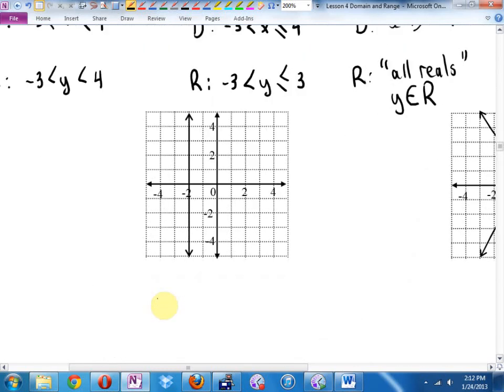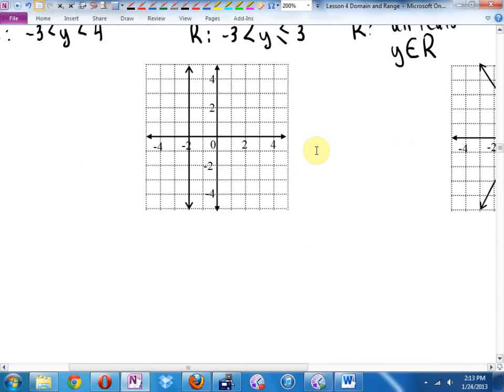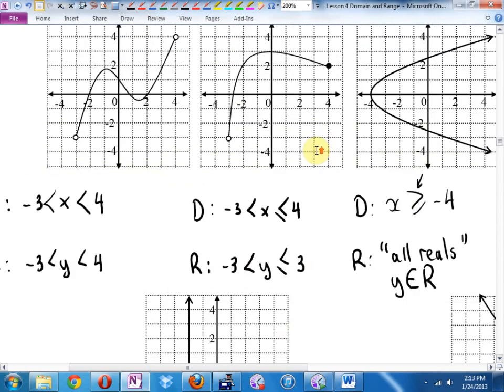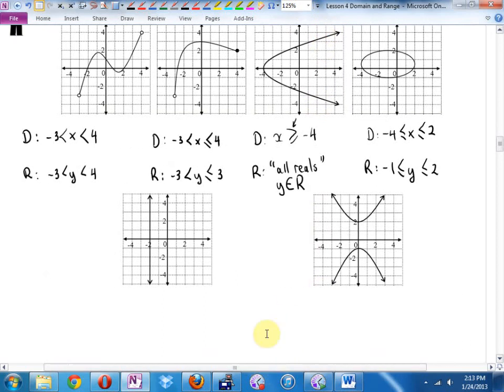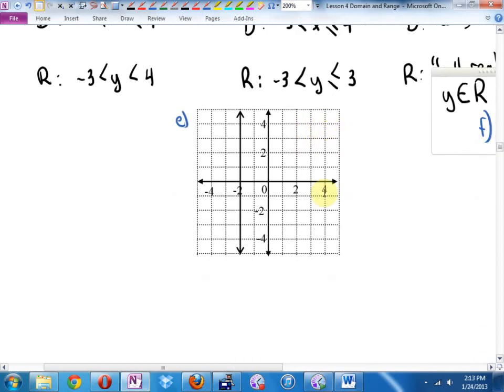Let's try next page, this one here. For some reason, it went A, B, C. Can you do me a favor? Let's get this organized. A, B, C, D. I think you guys can call this graph E and this graph F. So let's do E. Okay. Domain.